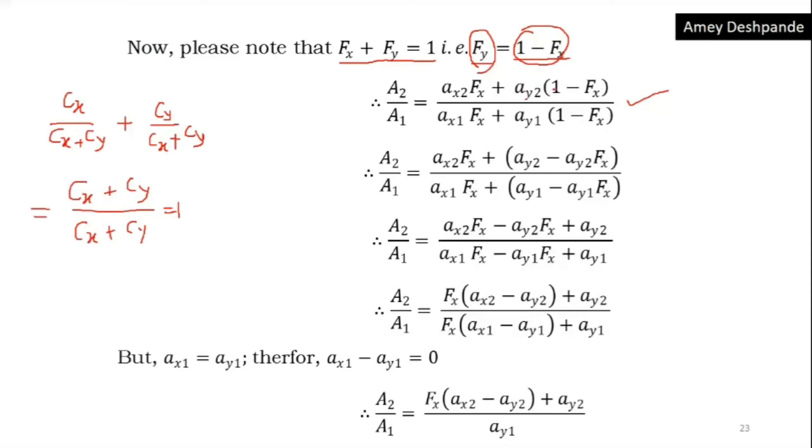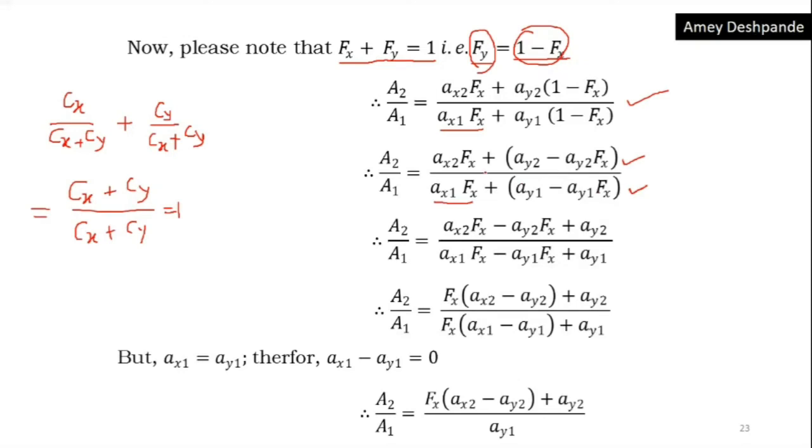So ay2 multiplied by 1 is ay2 again, minus ay2 multiplied by fx, you get ay2 fx. So this is the numerator you have got. Now in the denominator, this term remains same as it is. The second term, ay1 multiplied by 1, so ay1 again, minus ay1 into fx, it is ay1 fx. So this term you have got.